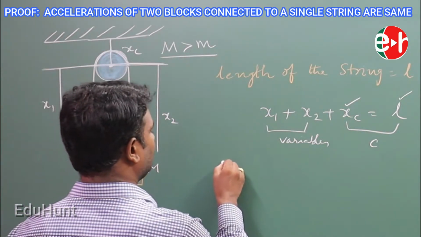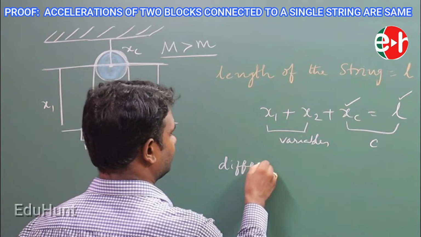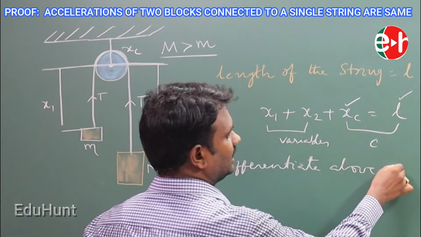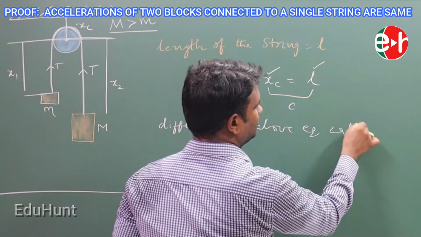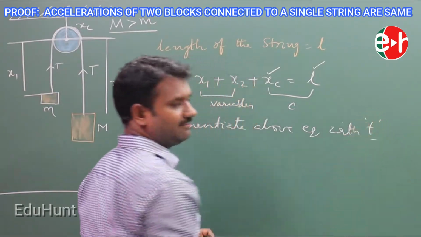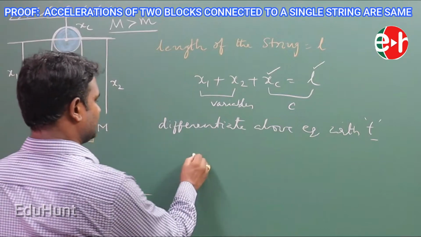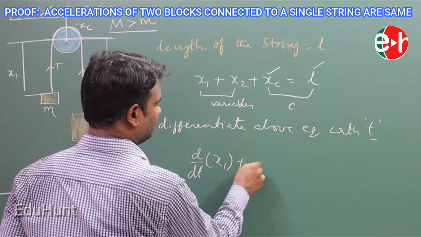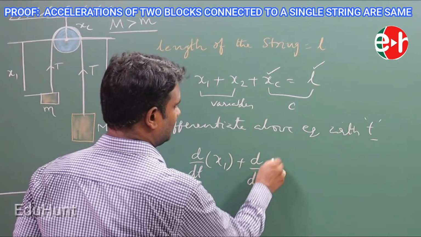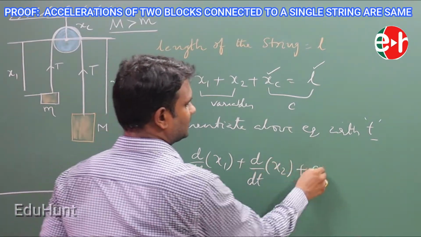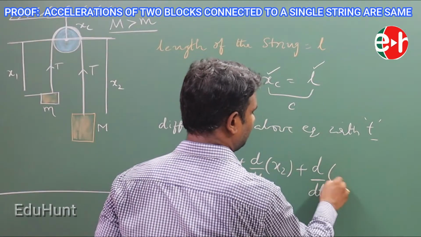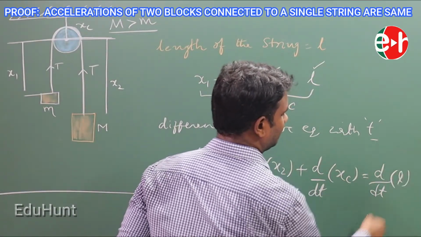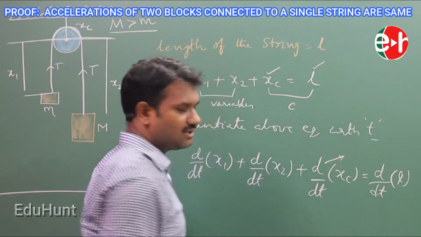Now I would like to differentiate the above equation with time t. Then what happens? d by dt of x1 plus d by dt of x2 plus d by dt of xc is equal to d by dt of L. This is a constant.